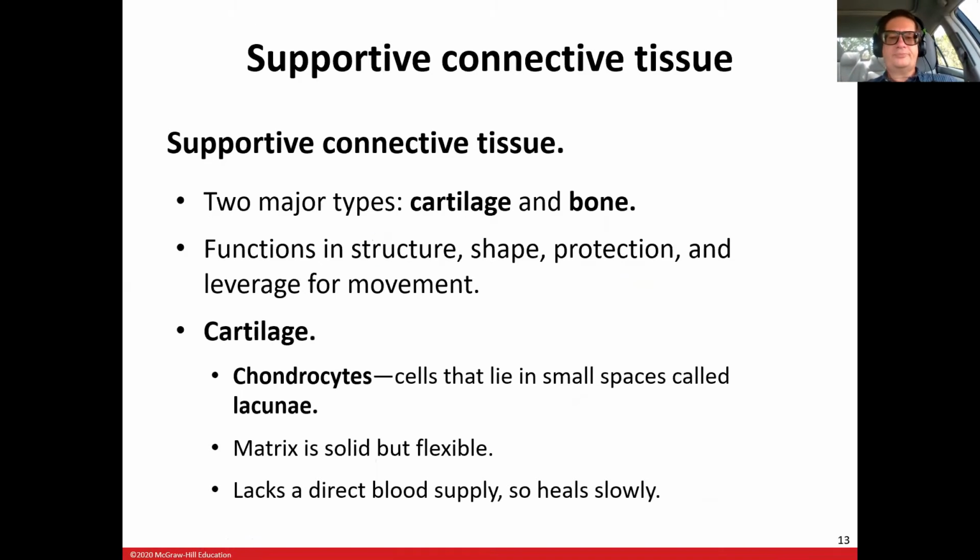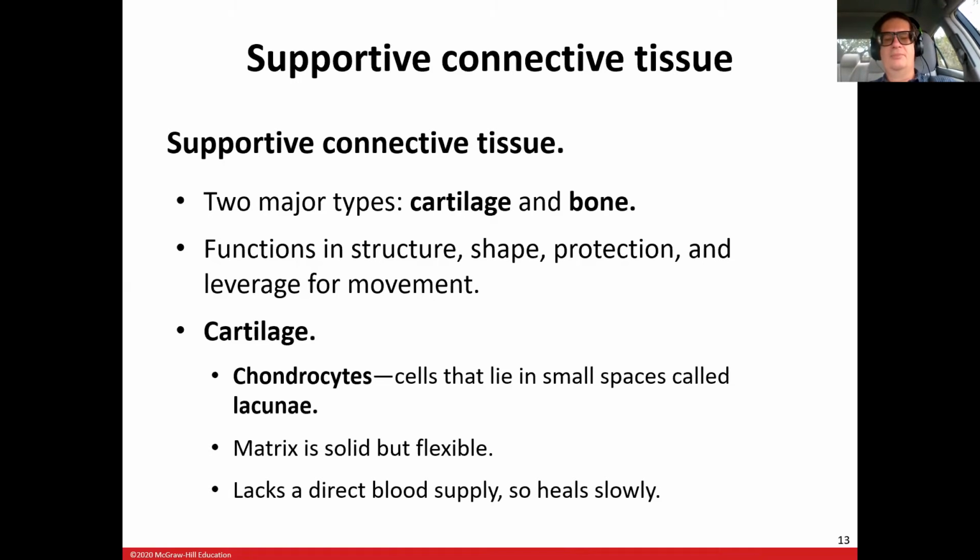All right. So supportive connective tissue, we've got cartilage and bone. It says structure, shape, protection. You're like, what are we talking about? Well, if you look at your ear, the shape is based on the cartilage, okay? Protection, we're talking about a skeletal system mostly. Leverage for movement.